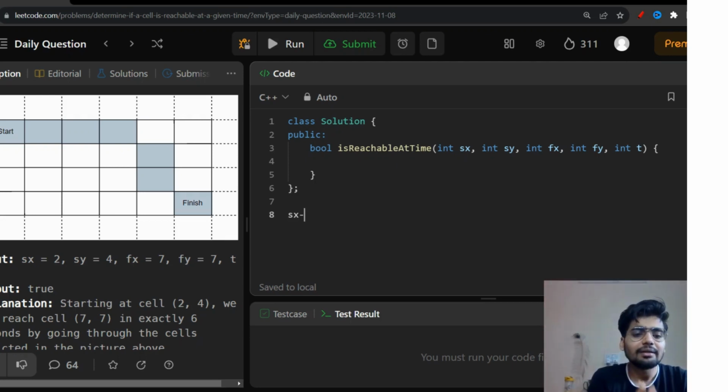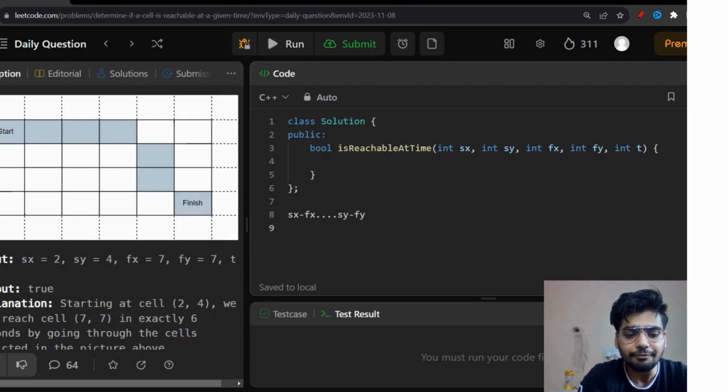Okay, next we have to find the difference between the x coordinates and y coordinates so that we can know the final distance, how much we have to travel, like sy and fy.